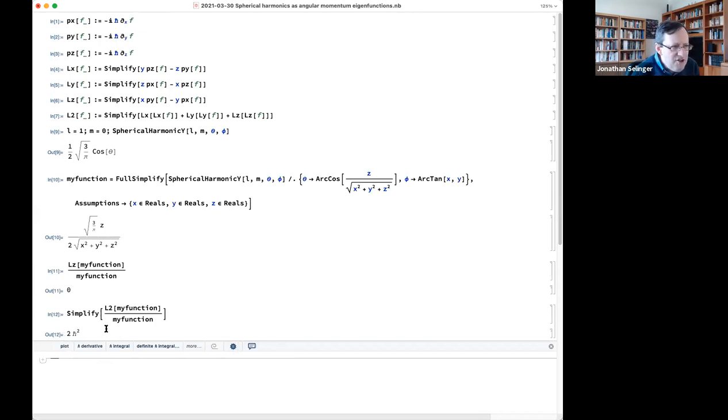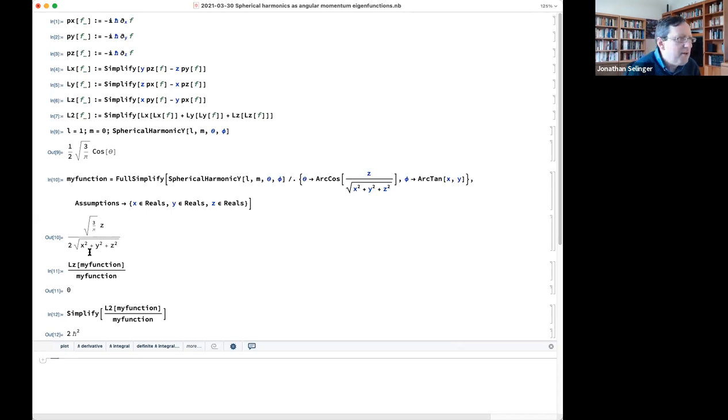Is 2 correct? Well, it's supposed to be L times L plus 1. So that's 1 times 1 plus 1, 1 times 2, that's 2. So indeed, this state is an eigenstate of Lz and L squared with the eigenvalues that it's supposed to have.